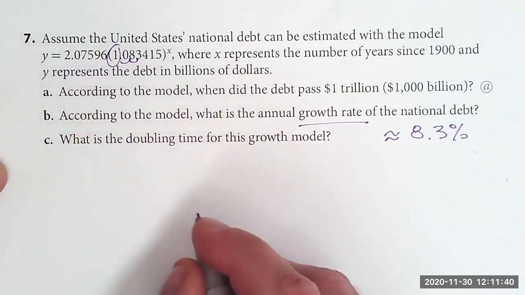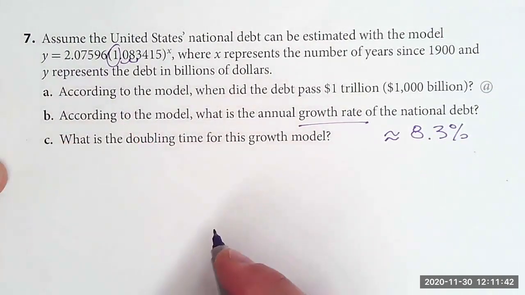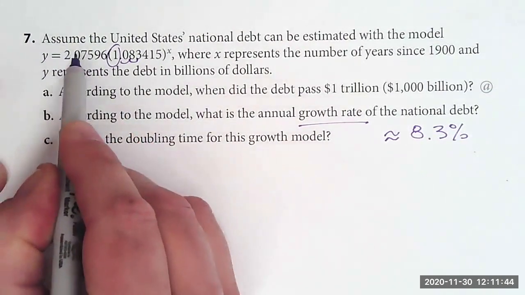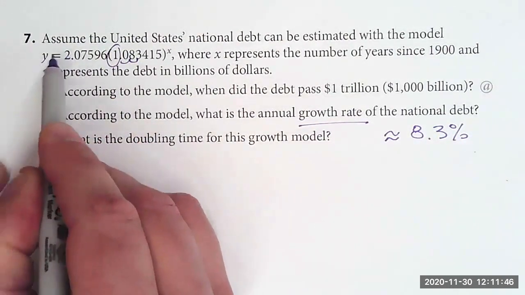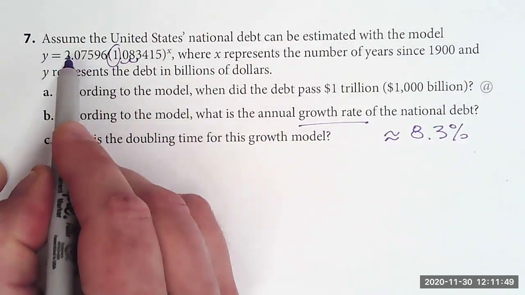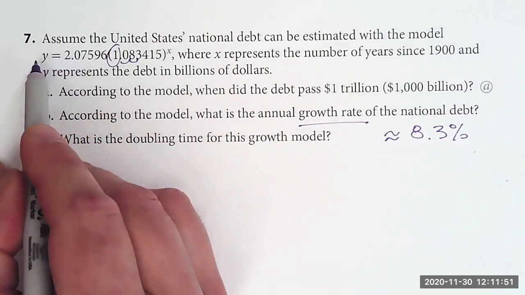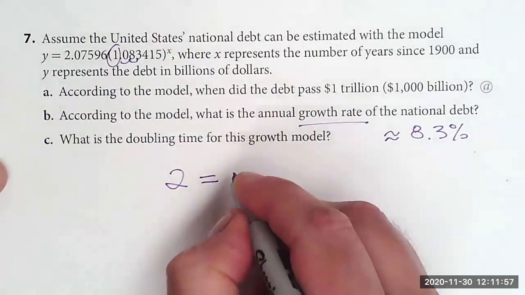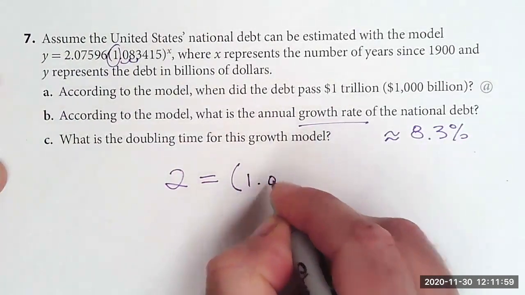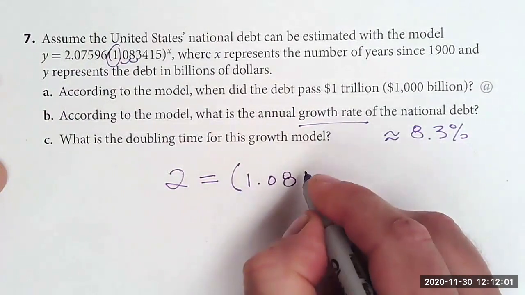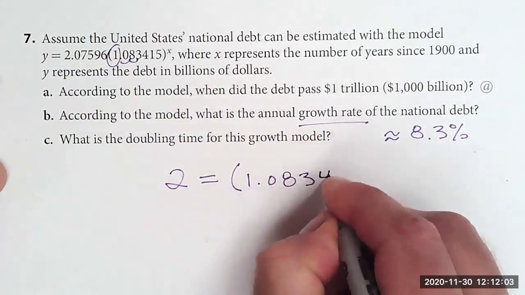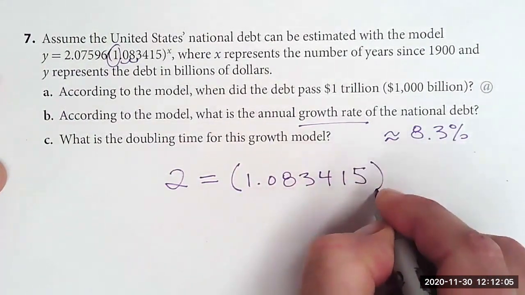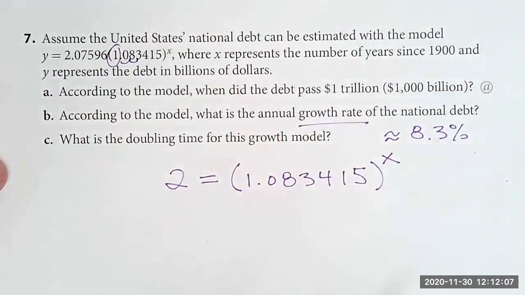Once you get in the habit of doing these problems, you'll notice that if you take any ratio between two consecutive terms in a sequence, you're always going to have 2 if it's doubling. The doubling is equal to the rate for the multiplier raised to x.